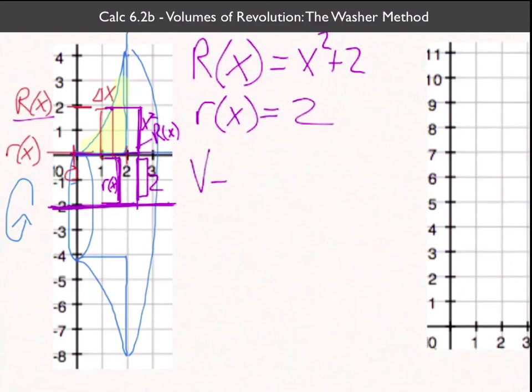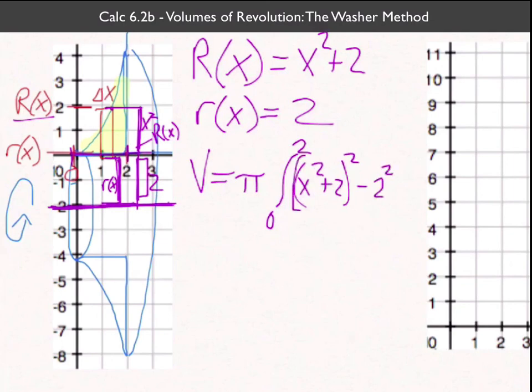So our volume is going to be pi times the definite integral from 0 to 2 of our big radius, so that's going to be x squared plus 2 squared, minus the little radius, which is just 2 squared, with respect to x.